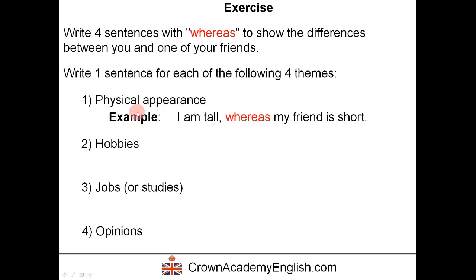And you could also maybe talk about the color of your hair, or the color of your eyes, or the length of your hair. Okay, so do the same for number 1, 2, 3, and 4, and write your 4 sentences in the comments below this video.